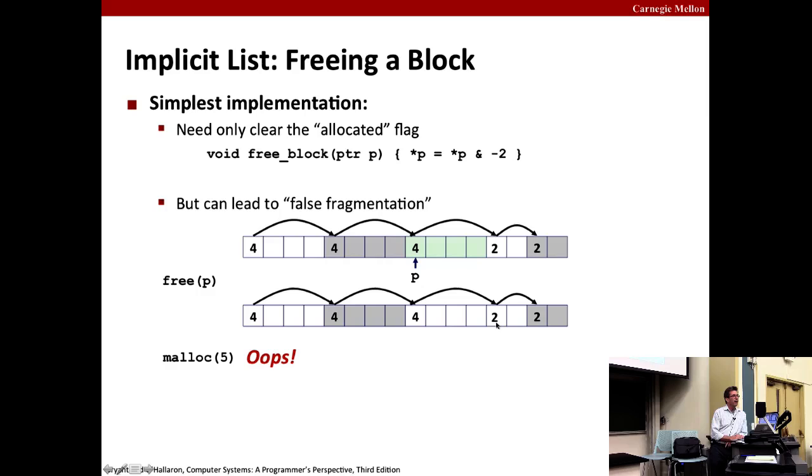And so if that's followed by a request for 5 blocks, now we're stuck. But we've got plenty of memory, and it's even worse. In this case, that memory is all contiguous; we just cleared the allocated bit, we didn't notice that it was contiguous, and so we ended up with these 2 contiguous free blocks.